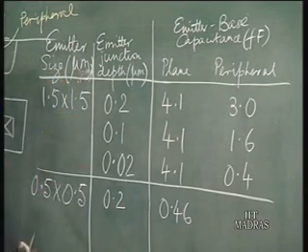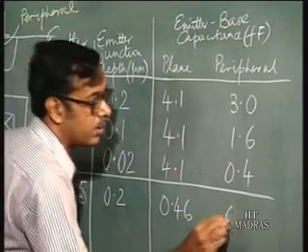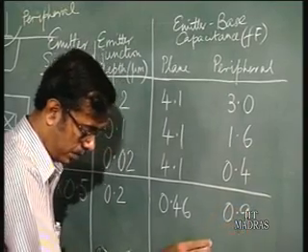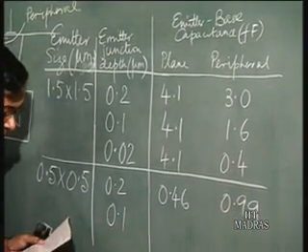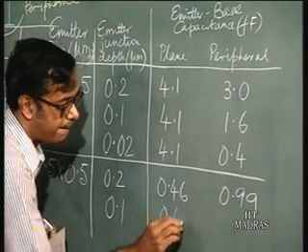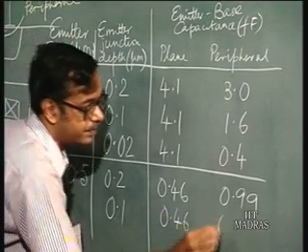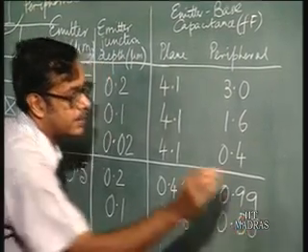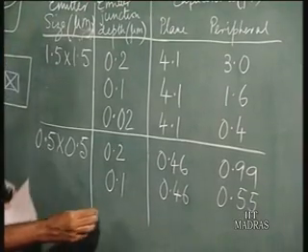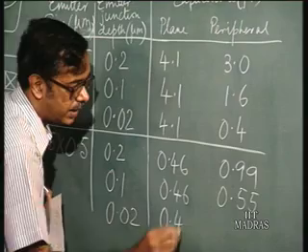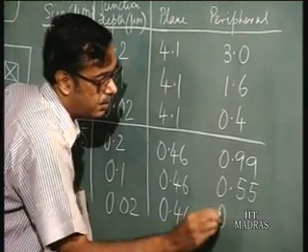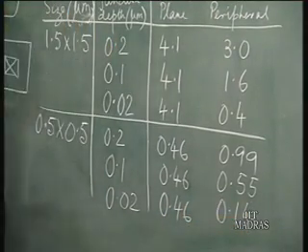The peripheral part is also less at 0.99 femtofarad. If you go to 0.1 micron junction depth, the plane component remains the same, and the peripheral part is 0.55. At 0.02, again 0.46 is the plane component and 0.14 is the peripheral component.